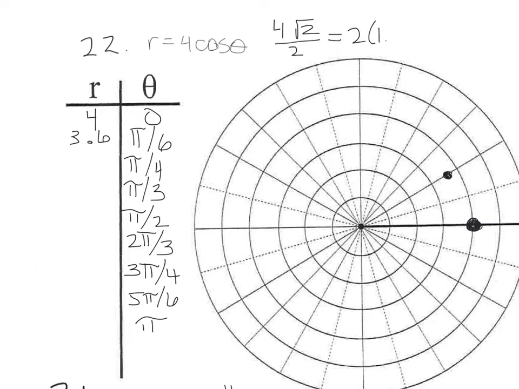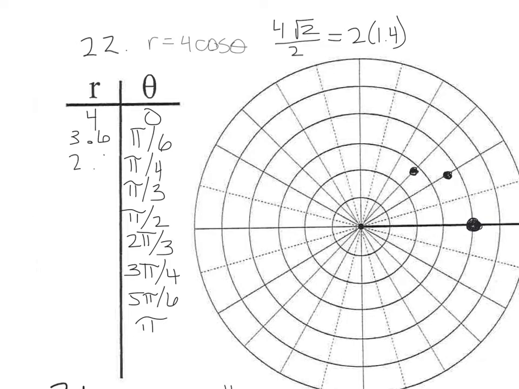So I have 2 times 1.4, which will give us about 2.8. So I'm going to rotate to pi over 4, which is the middle one right here. I'm going to go out about 2.8. 1, 2, and about 2.8 puts us right about there. You can start to see a figure emerge here.